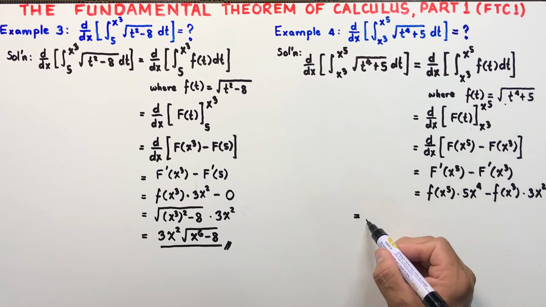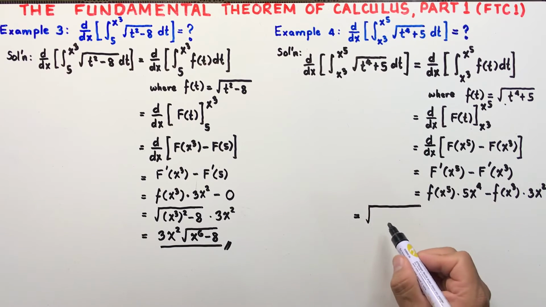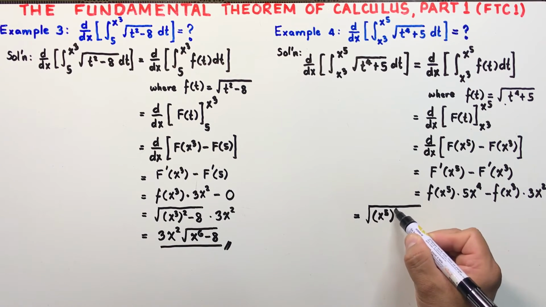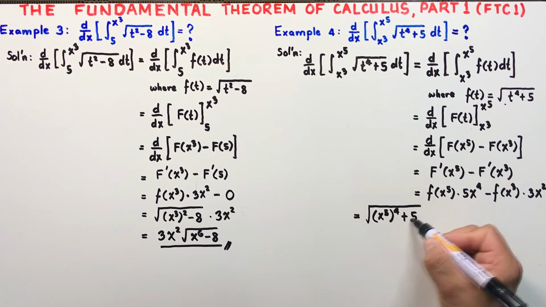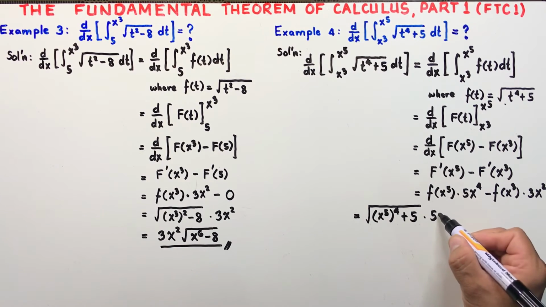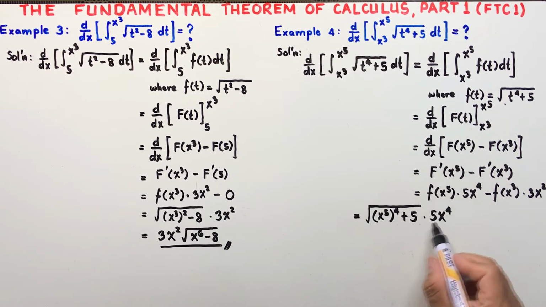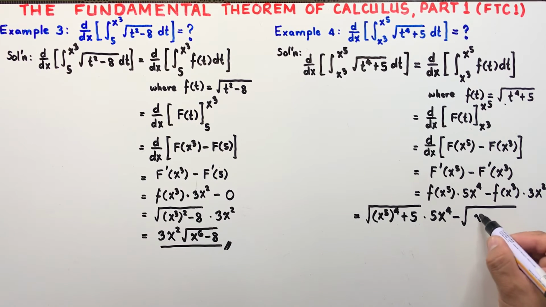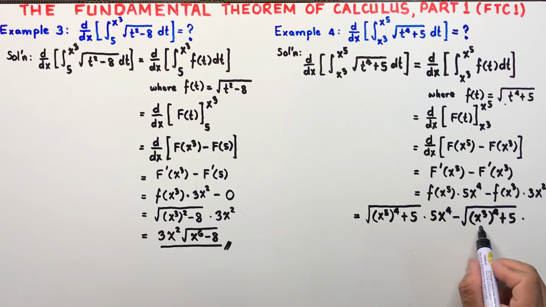So this is equal to the square root of our t, and our t is x to the power of 5, but we need to raise this to the exponent of 4, plus 5, times the derivative, which is 5x to the power of 4, the derivative of our inside function x to the power of 5, minus the square root of x cubed raised to the exponent of 4, added to 5, times the derivative of our inside function x cubed, which is 3x squared.